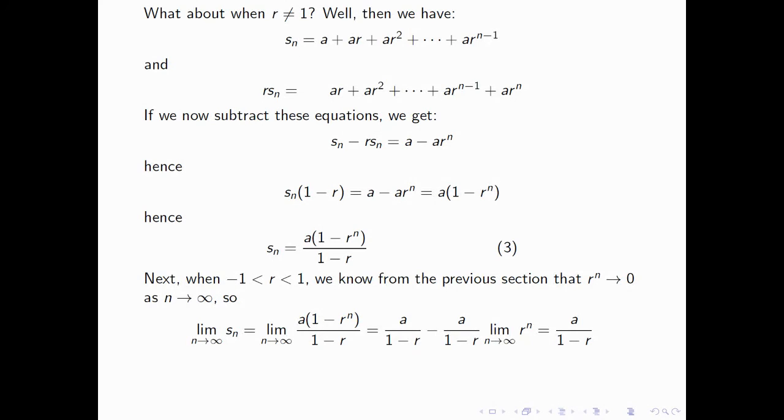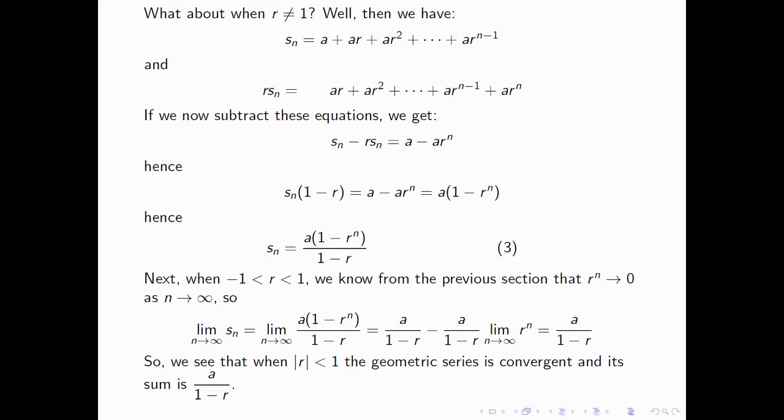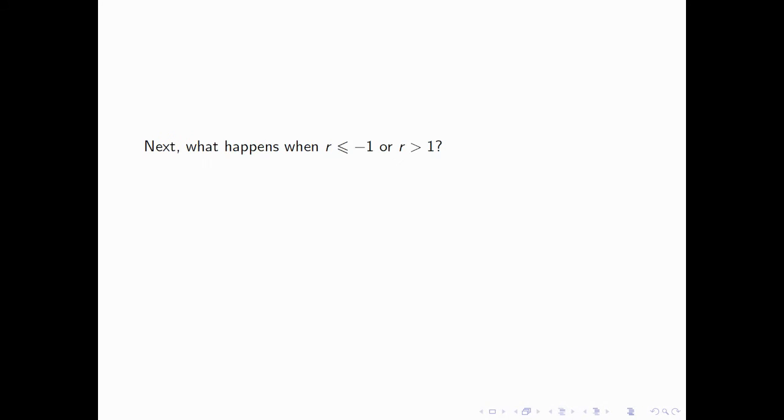Since r to the n goes to 0 when r is in between -1 and +1, not including the endpoints, our final answer is a divided by 1 minus r. And so we can see that when the absolute value of r is less than 1, the geometric series is convergent and its sum is a divided by 1 minus r.